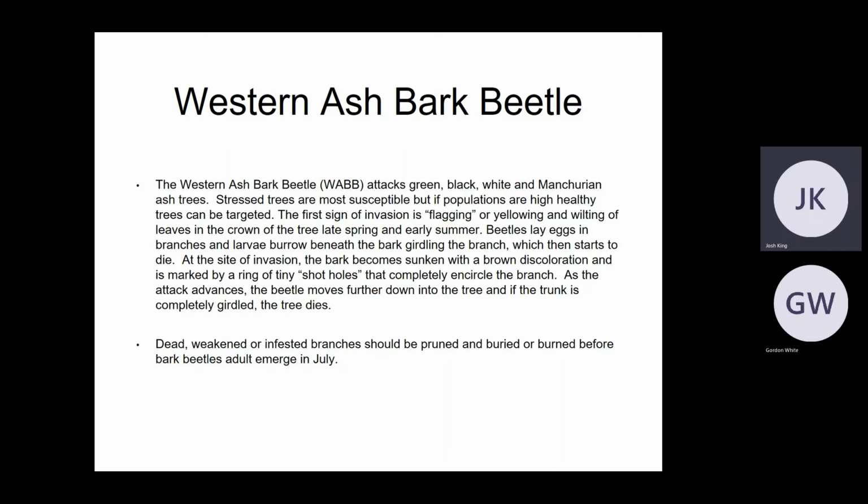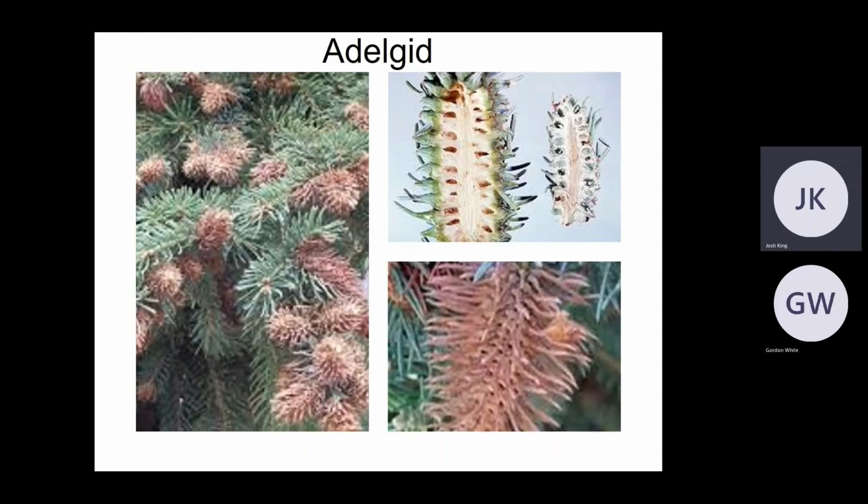We haven't removed any large mature ash that looked like they've succumbed to that other bark beetle. Maybe a little research on that one, but okay. So timing of the pruning is very important on that one.